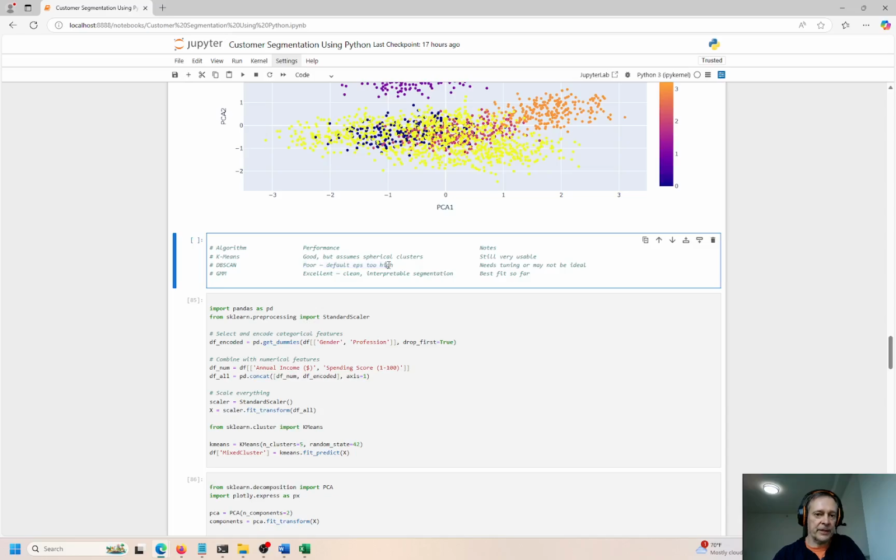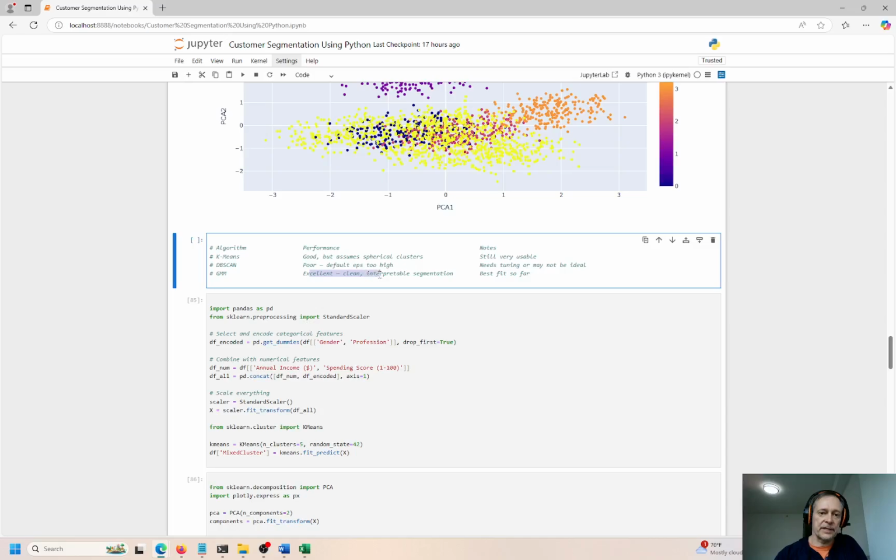But if the cluster arrangement is highly dense and you have just a very small concentration, maybe you can think of fraud, credit card fraud or something like that, or wire fraud if somebody's trying to send money to somebody using a bank. That would be probably easily detected with DBSCAN, but not with some of these other clustering techniques.